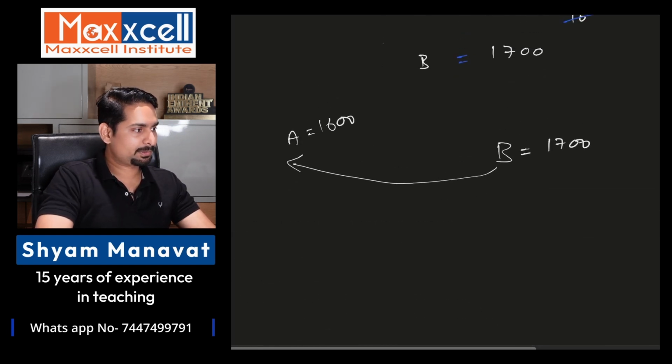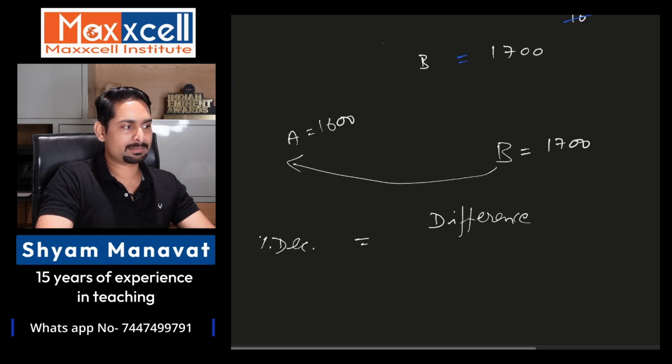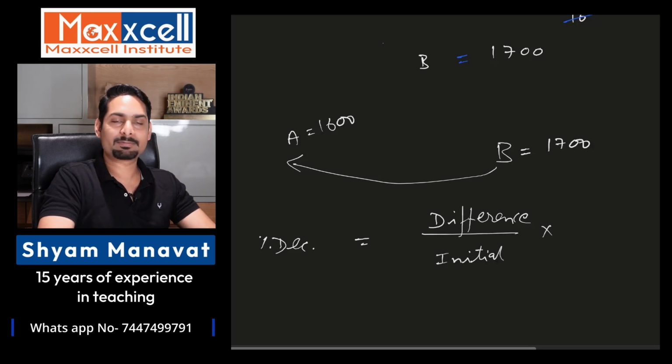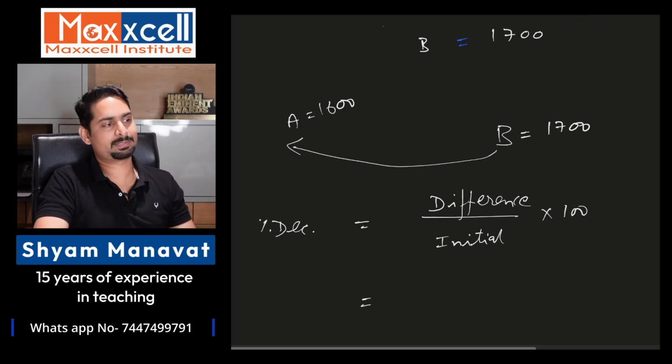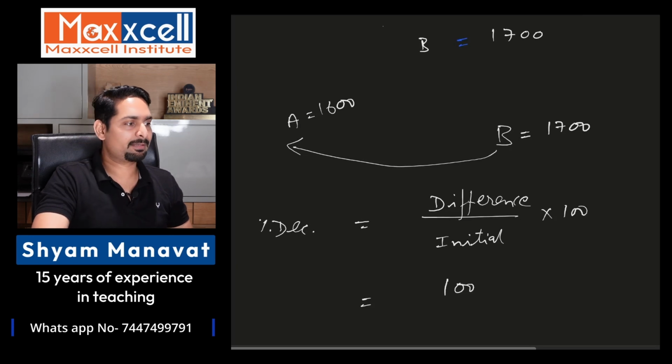You want to calculate percentage decrease. What is the formula of percentage decrease? Difference by initial, or base value, into 100. What is the difference here? 1700 to 1600. What is the difference here? Of course, this is 100, right? Divide by initial.